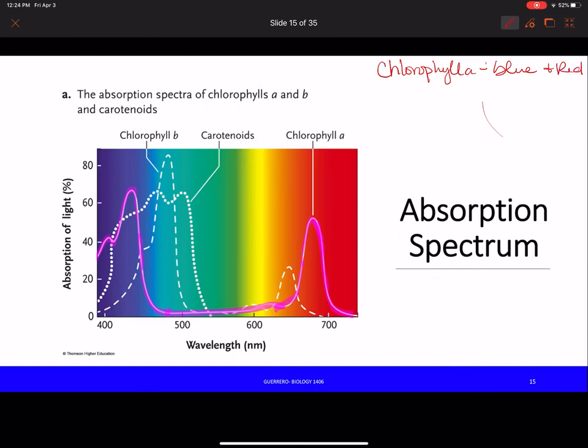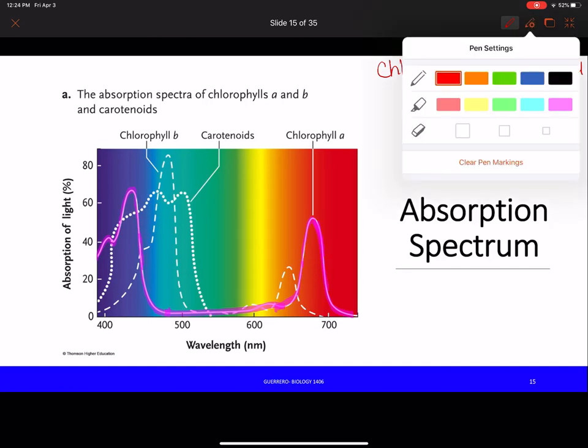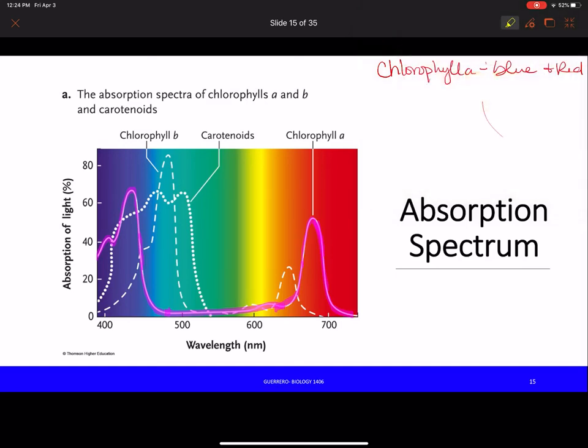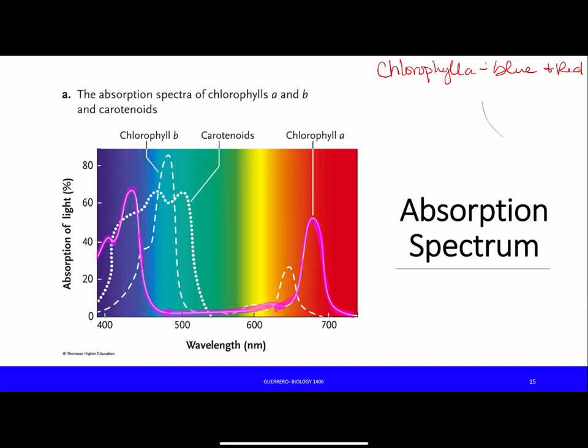Now let's look at, let's try this yellow color. Maybe it'll show up, hopefully. Okay, so now let's look at chlorophyll B. Chlorophyll B is that dashed line. So it doesn't do as much absorption in the purple area. It absorbs a little bit, but not a ton. It does way more absorption in this blue-green area. Okay, and then not a lot in the true green section.